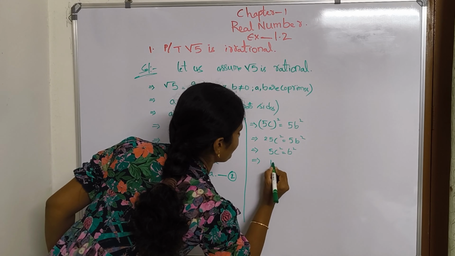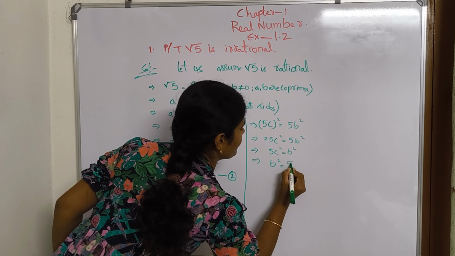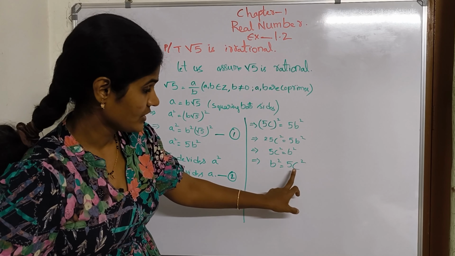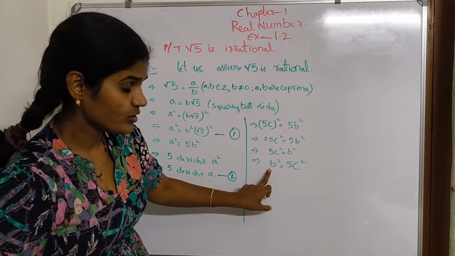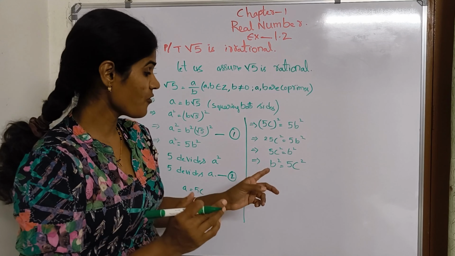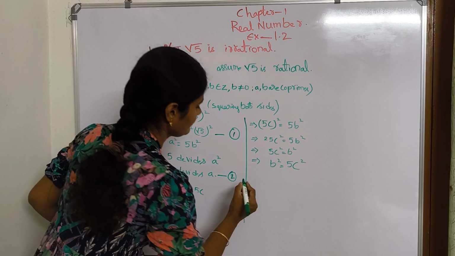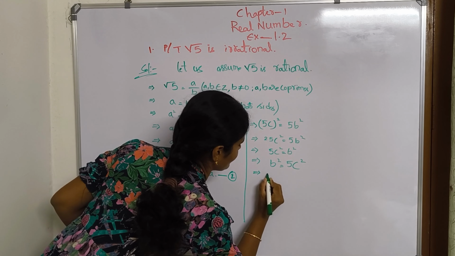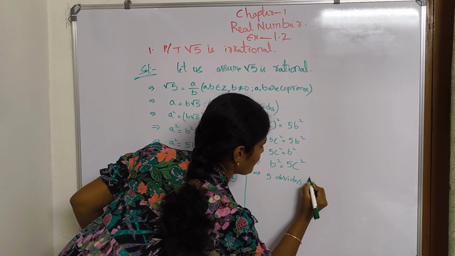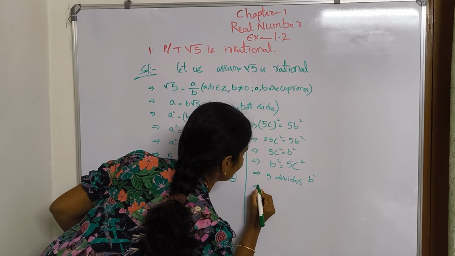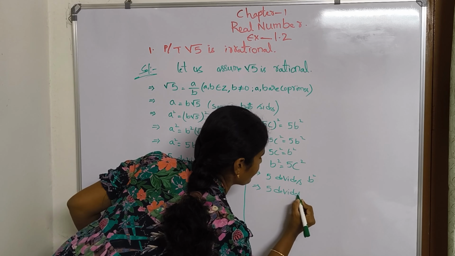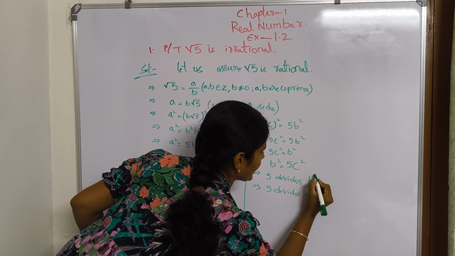What is in the form? b square equal to 5c square. b square equal to 5c square means 5 divides the value b square, means 5 is a factor of b square. 5 divides b square means 5 divides b.